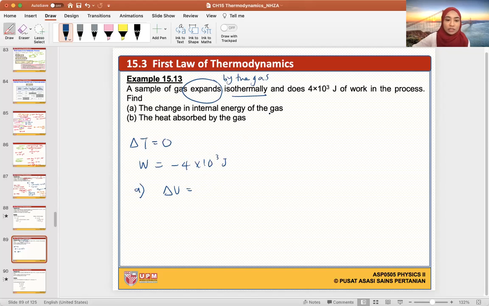Okay, delta U punya equation apa? If isothermal, delta U is equal to 0. Yeah, correct. Betul? But if I don't remember it's 0 and I want to use an equation, which equation should I use?